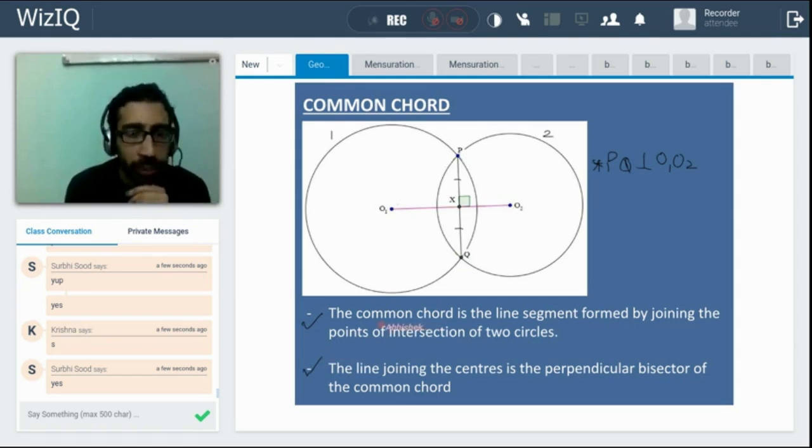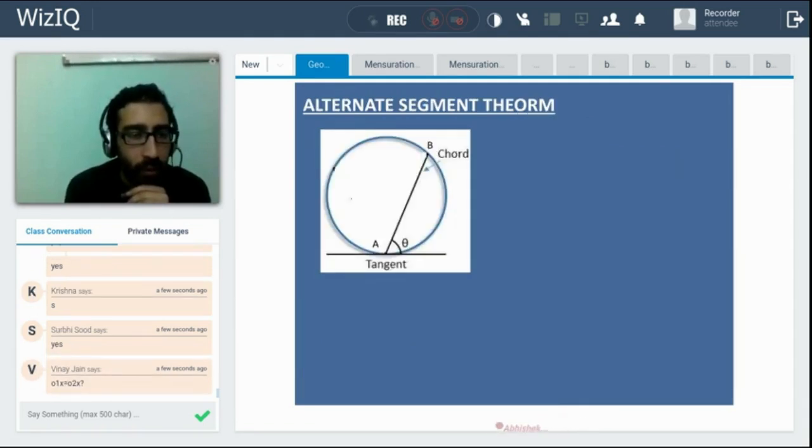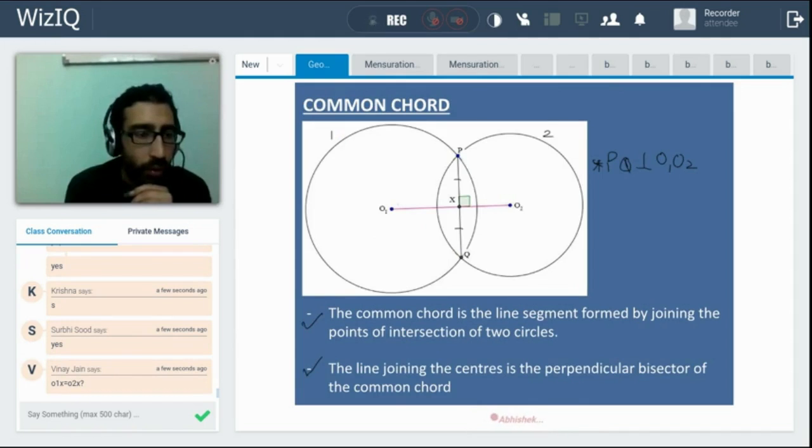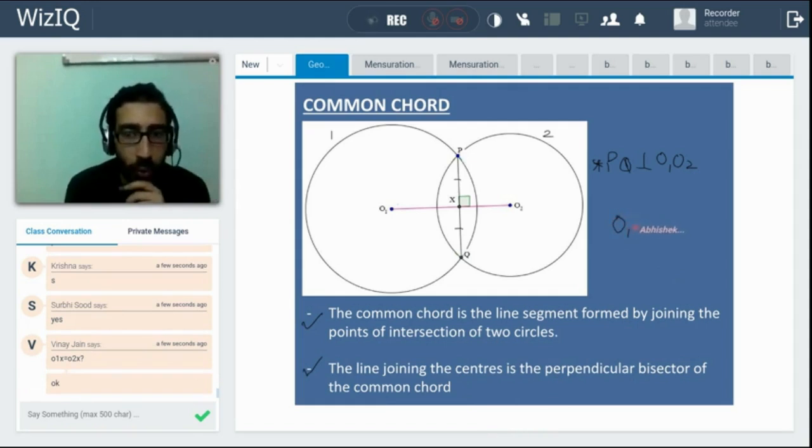Is this something you remember? Is this clear? Yes. Okay. O1X is not equal to O2X. It's good that you asked. No way. O1X is not equal to O2X. They are equal only if the radii of the circles are equal.